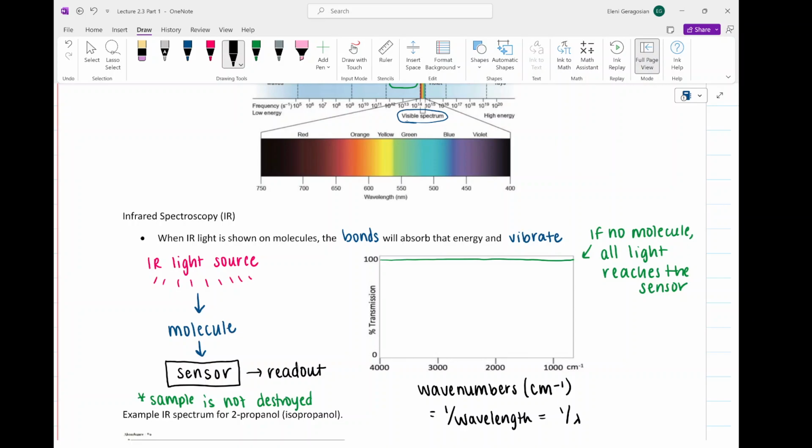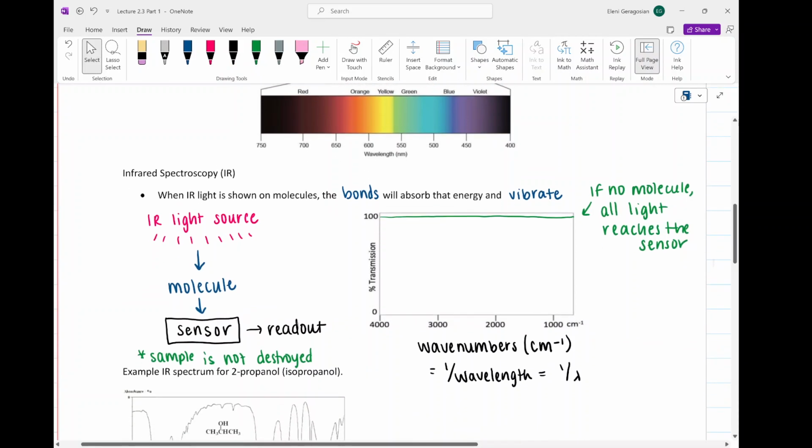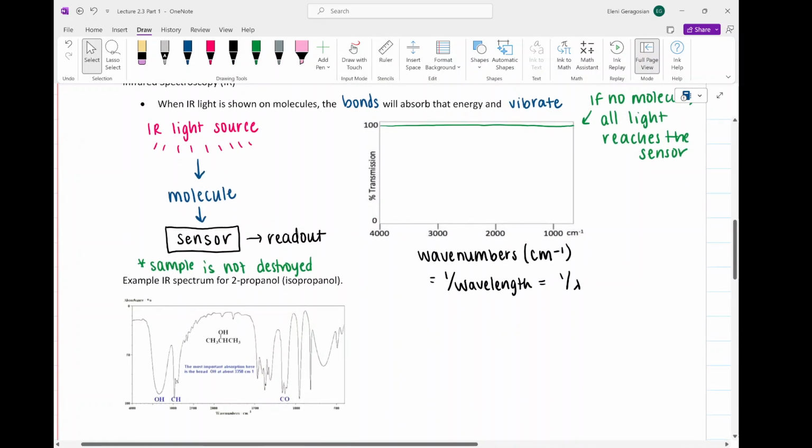So different wave numbers, or wavelengths, or different energies of light in the IR spectrum are shown. If there is no molecule, theoretically all that light would reach the sensor and you'd have 100% transmittance. But if we have a molecule there, as long as that molecule has bonds that can absorb IR light, it'll absorb that light. So here's an example of a molecule.